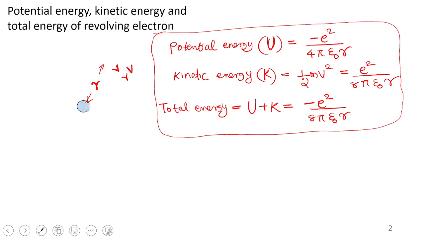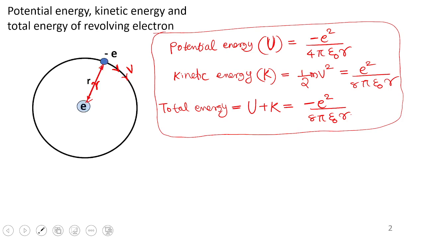The next is, look at this. There are plenty of formulas in this chapter, atoms. Every formula you have to learn in the class itself. Potential energy, kinetic energy, and total energy of revolving electron.